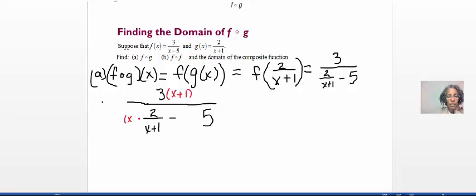So that's what I'm doing here. Another way to think of this is that I'm multiplying the numerator by x plus 1, and I'm multiplying the denominator times x plus 1.